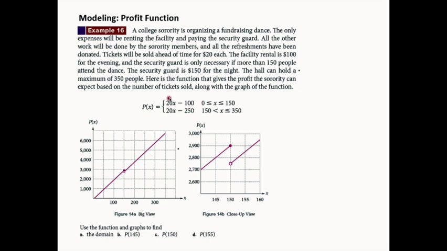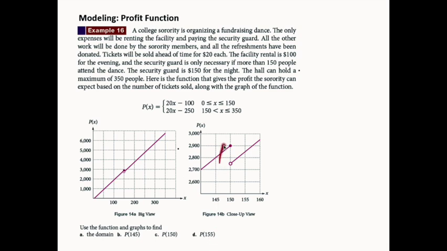So I'm going to take 20 times 150 and subtract 100. That would give us a profit of 2,900.